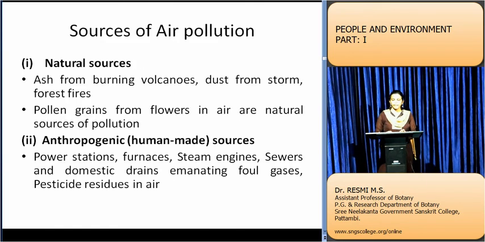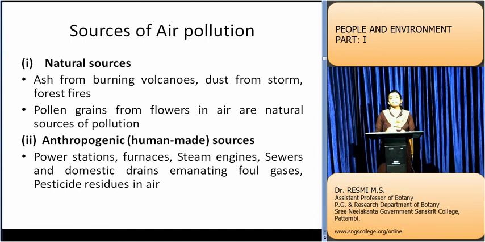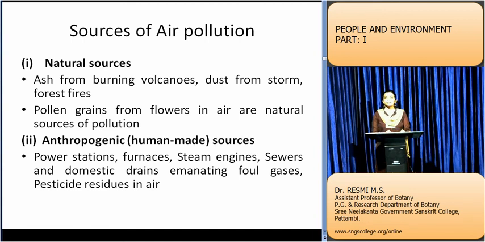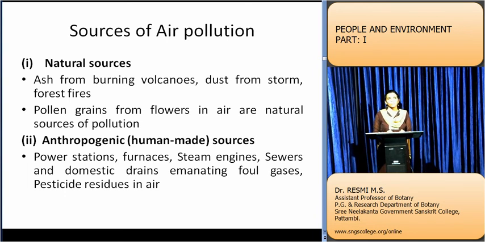The first one is air pollution. As I already mentioned, it is any undesirable change which occurs in air or atmosphere that can adversely affect our biotic components. The sources of pollution are either natural or anthropogenic, that is, human made sources.